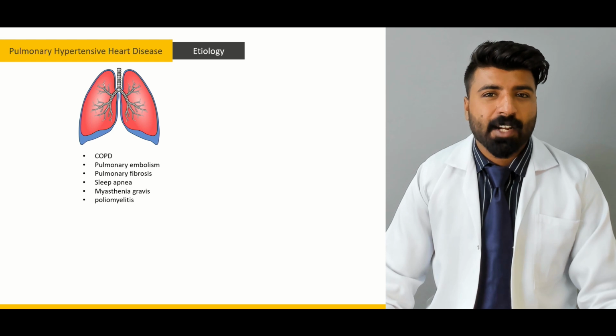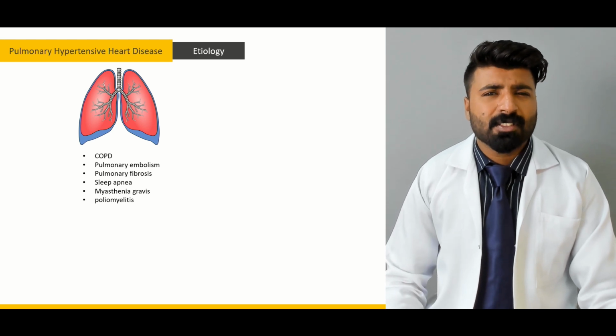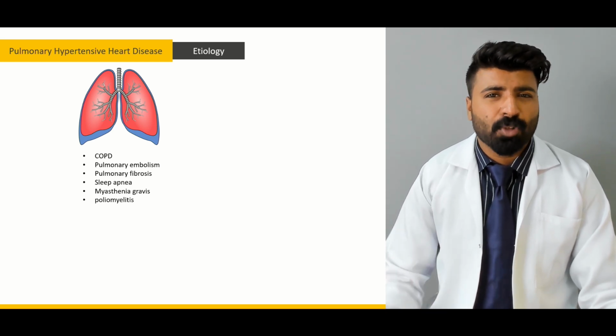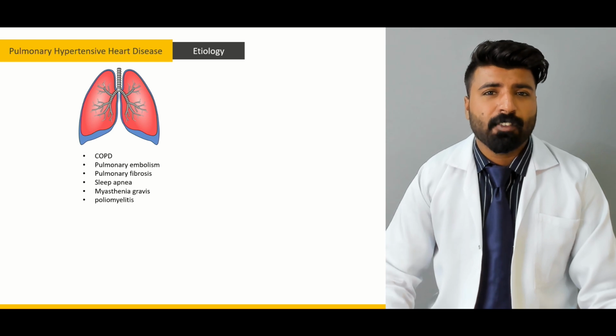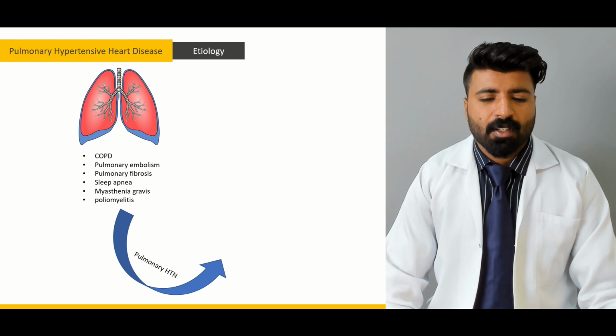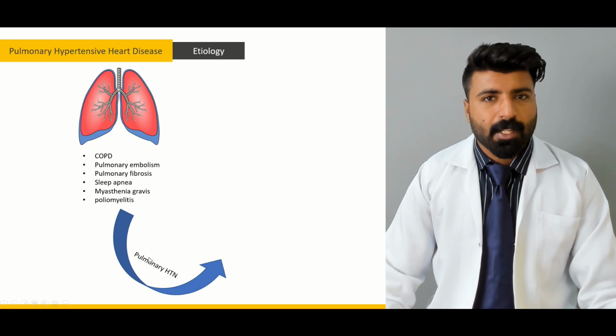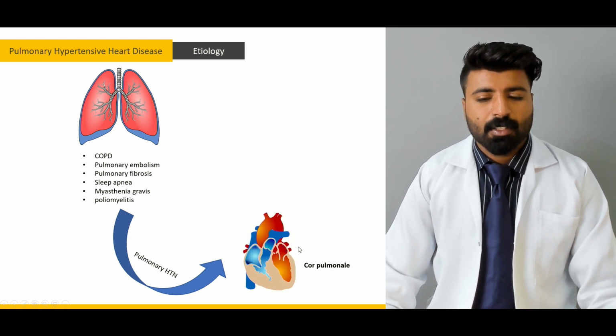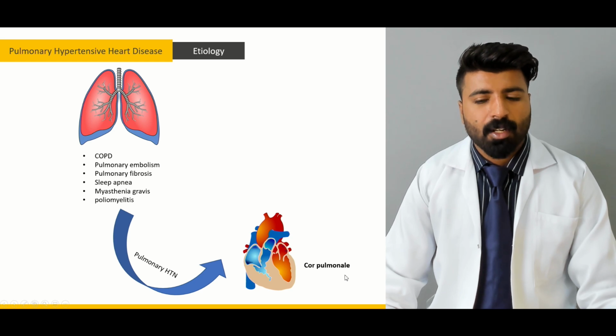They don't have any kind of effect. The person doesn't walk, the person can't do anything. So the return is compromised and all of those pathologies will go on inside the body and that will lead to pulmonary hypertension. So all of it will lead to pulmonary hypertension and this is called cor pulmonale.